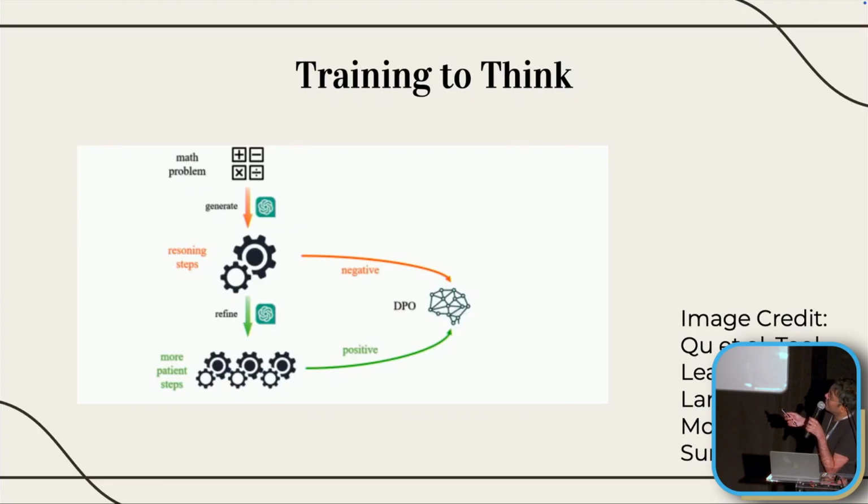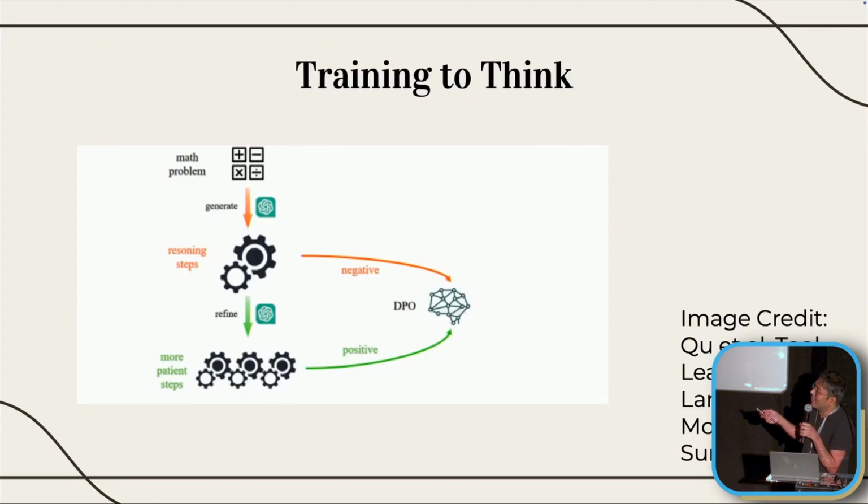So this is the standard kind of train to think pipeline, where you use a language model to generate an answer, and then you generate two versions of it. One is where you use very little reasoning steps.